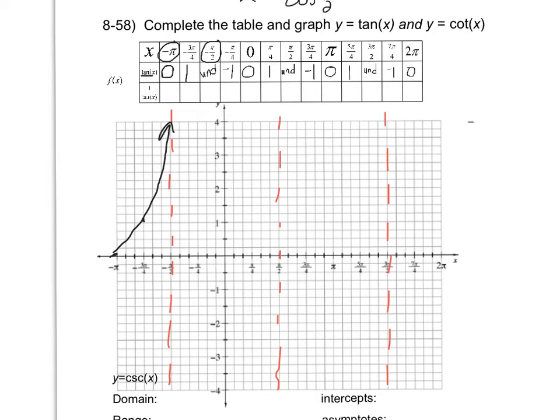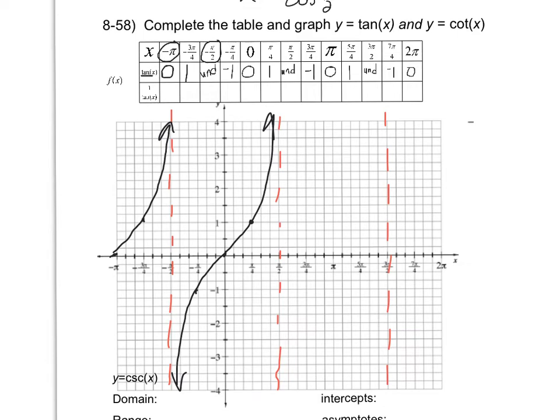Plotting these next series of points, a negative pi over 4, negative 1, 0, 0, pi over 4, 1. Here's what this looks like. It's that little S curve.